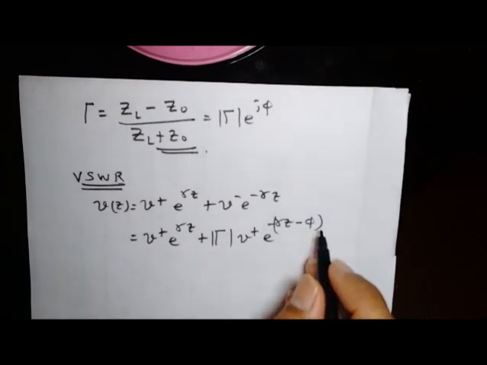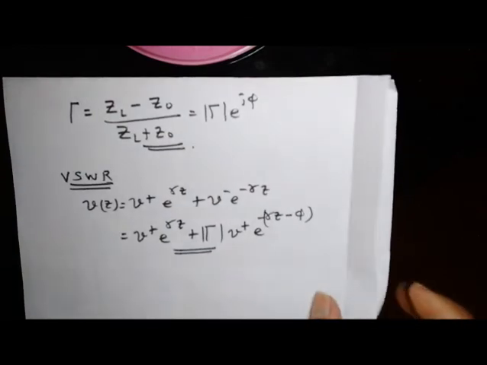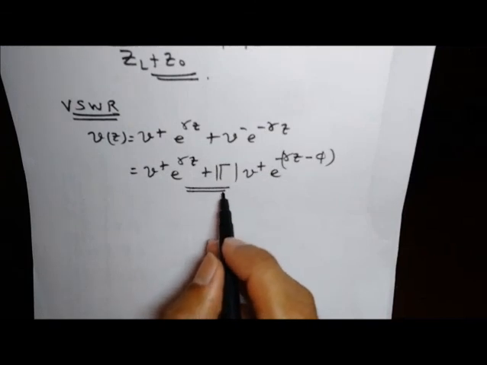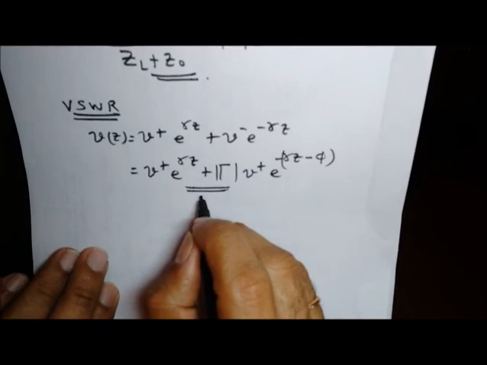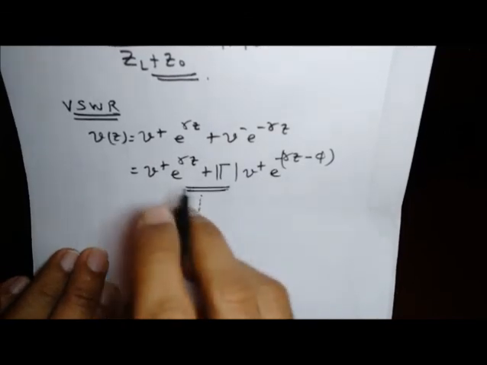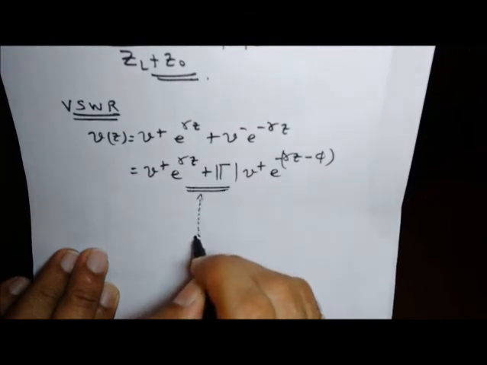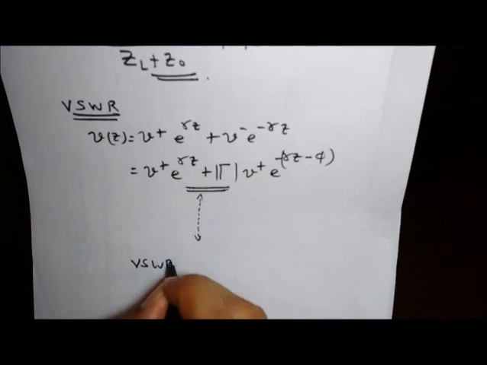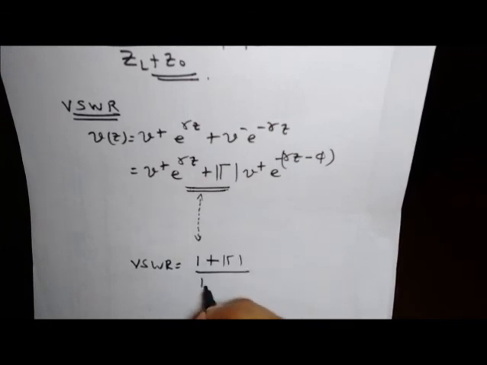Now if you take a look at this, this is very similar to what we encountered when we discussed standing wave ratio in the context of uniform plane waves. I want you to go through the same steps, because it's exactly the same, and arrive at this expression for the voltage standing wave ratio, which is nothing but 1 plus magnitude of capital gamma divided by 1 minus magnitude of capital gamma.